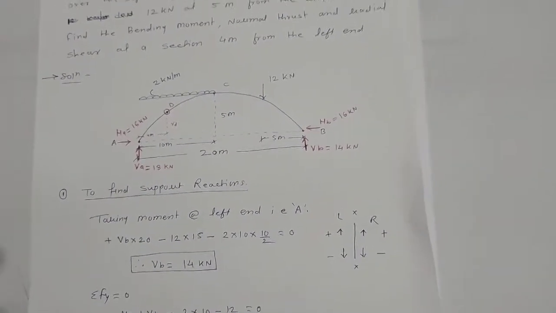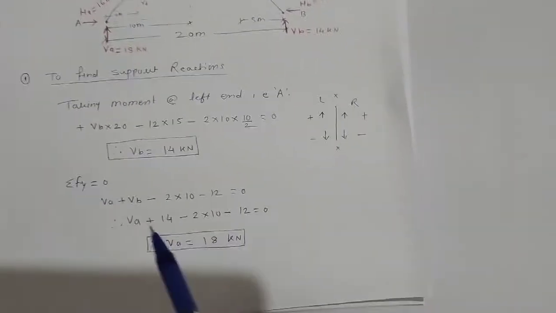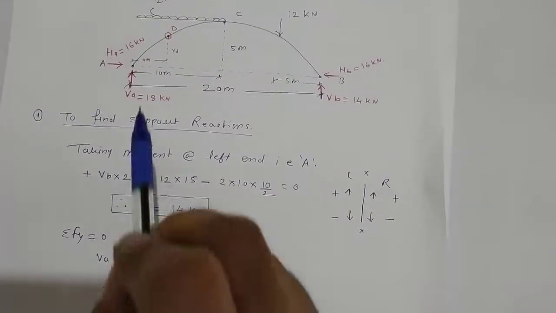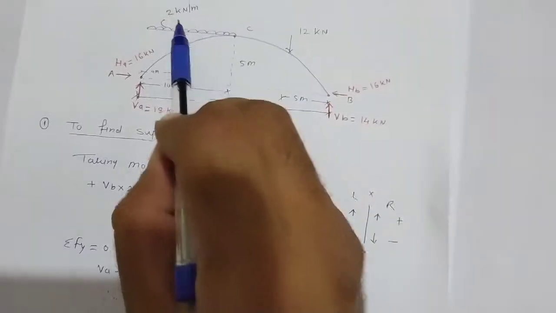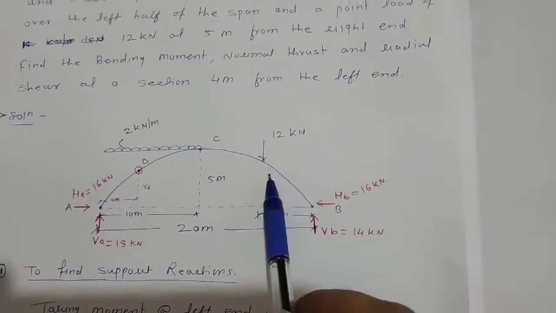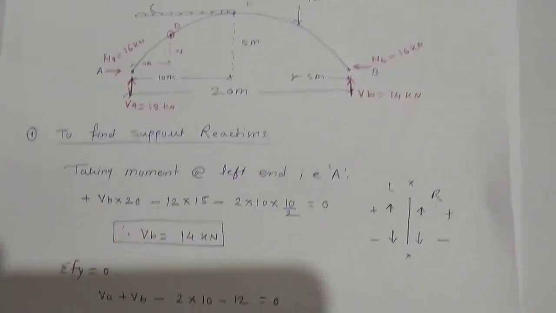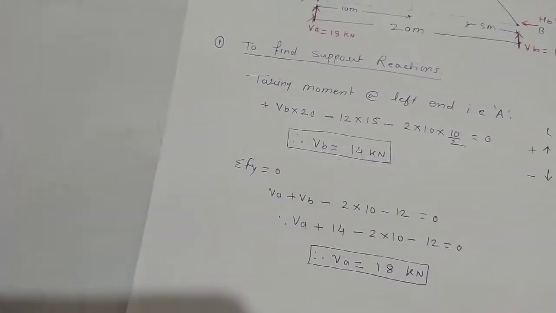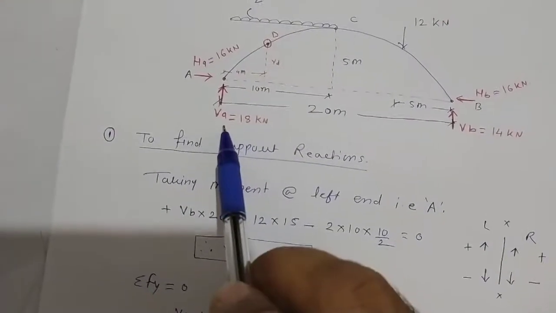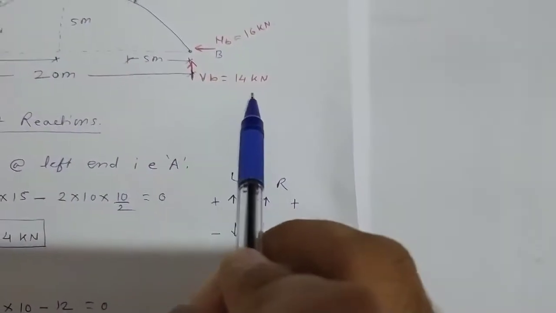All vertical forces must be equal to 0, that is VA plus VB minus 2 into 10, then minus 12 is equal to 0. You will get VA as 18 and VB is 14. This is VA 18 and VB is 14.